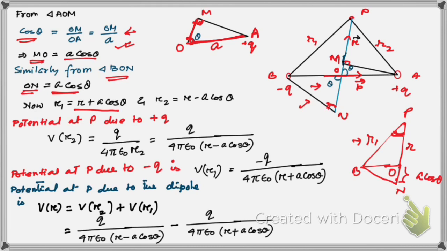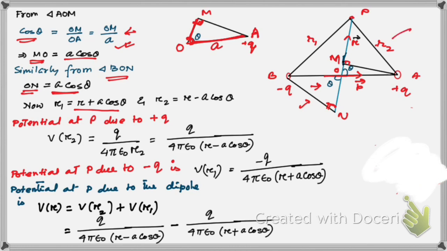And similarly from the triangle, let me clean this. Now you see from this triangle, here this R2. Suppose this is P, this is A, this is A, and this is the perpendicular AM. I have already told you that for a very small angle, these two sides will be almost equal.